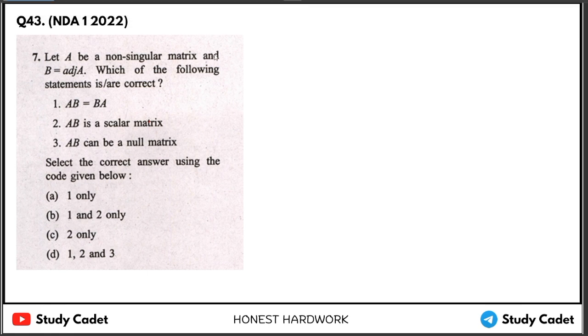Let A be a non-singular matrix and B equal to adjoint A. Which of the following are correct? Okay, B is adjoint of A, so A into adjoint of A is simply adjoint of A into A, that is equal to determinant of A into I. Okay, so this is correct. AB is a scalar matrix. Yes, this is scalar.